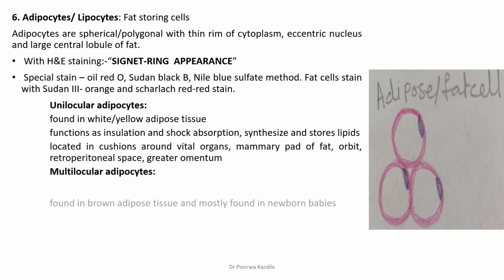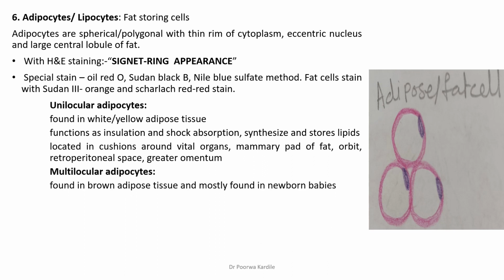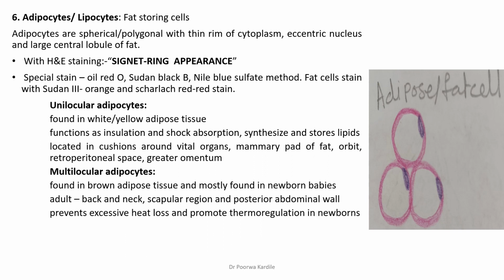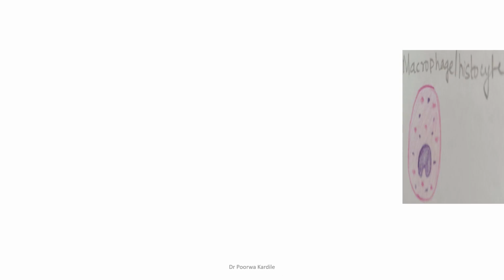The multilocular variety of adipocytes is also known as brown adipose tissue, and it is mainly seen in newborn babies, and its function is thermal regulation. In adults it is only present in small amounts in the back and neck, and in the scapular region, and its function is to prevent excessive heat loss and to promote thermoregulation.